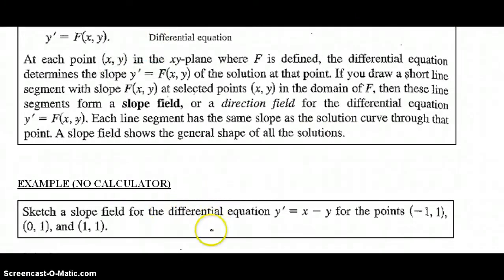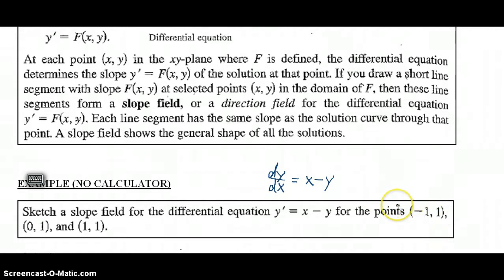The first thing I want to make a note of is that y prime is the same thing as dy dx. dy dx, y prime, these all represent slope. So if I want to know what the slope is at any given point, and I have the differential equation that represents slopes, then I can simply plug in the corresponding x and y values.